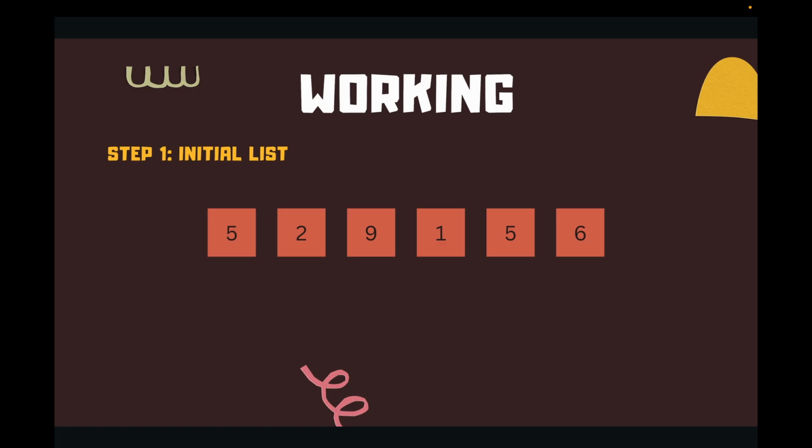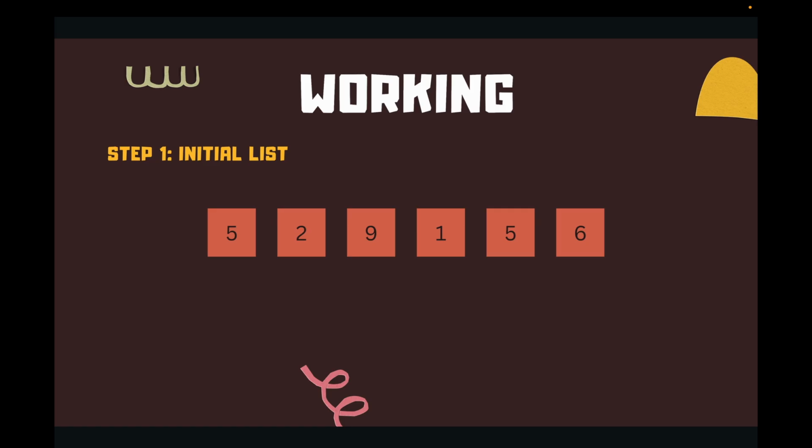So let's discuss the working of this algorithm now. Firstly we will take an array or a queue or anything you can consider as a list. The one I have taken here is an unsorted array: 5 2 9 1 5 6, in no order.